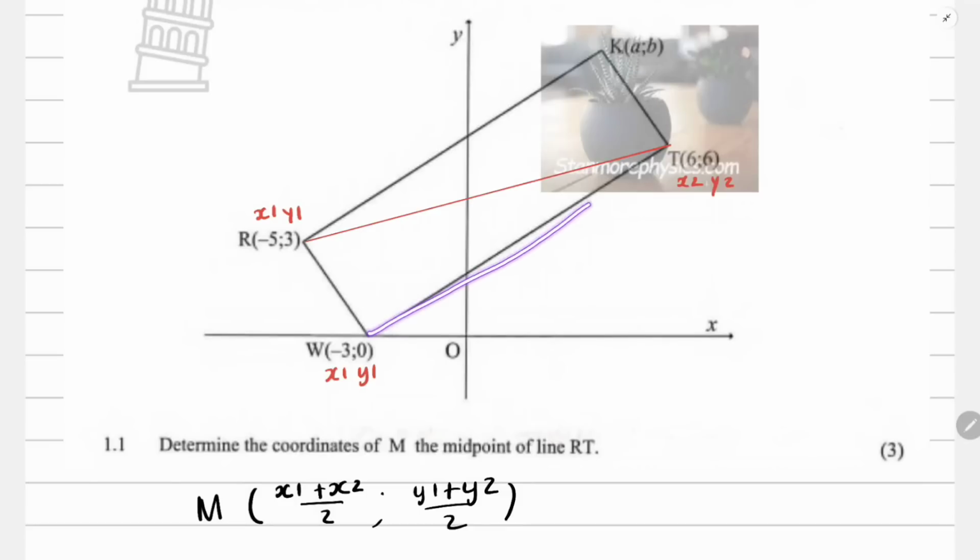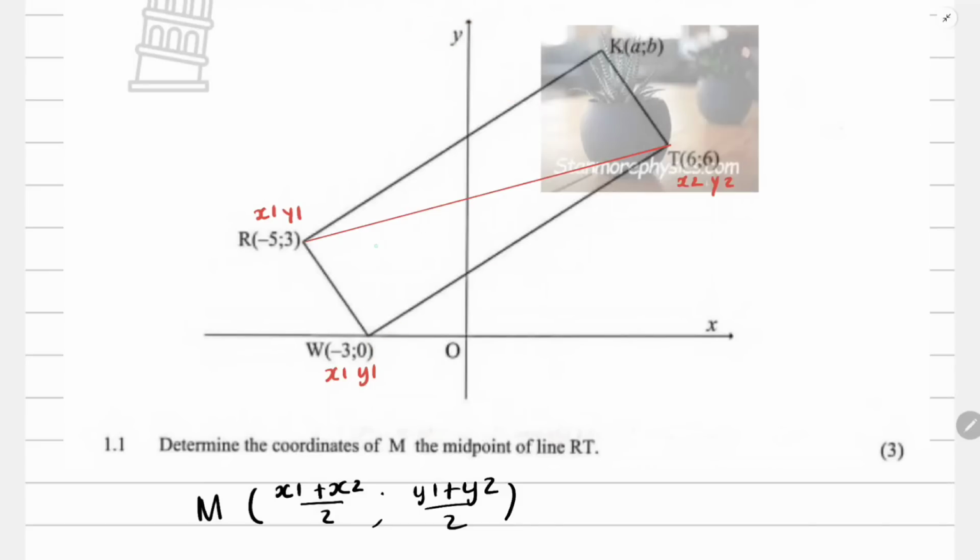If two lines are said to be perpendicular, then it means that if you find their gradients, the gradient of this line and the gradient of this line, and you multiply those gradients together, they are going to give you -1.